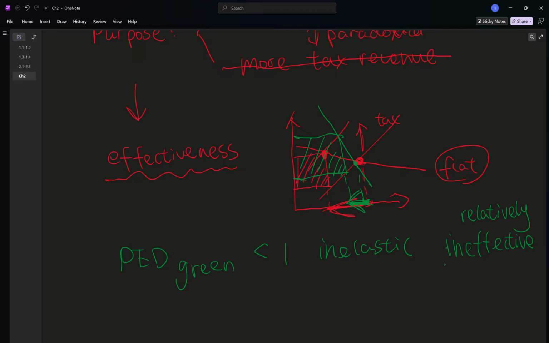Relatively ineffective. Because you see, you cannot reduce consumption too much. And when we are looking at the red part, PED is actually over 1 and it is elastic. And it is relatively effective because you reduce consumption so much more.